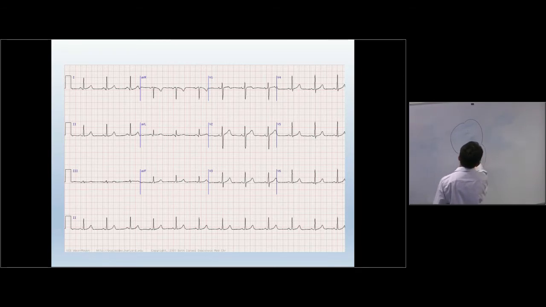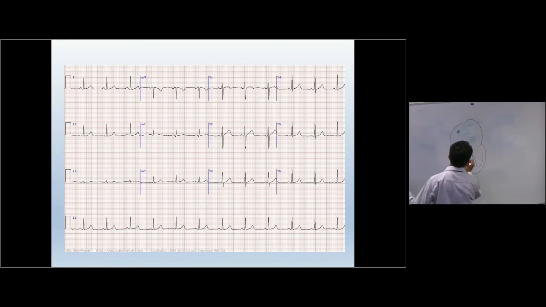All right. So we know our SA node, AV node, then bundle of His, and then the right and the left bundle branch. So that's the basic conducting system. Now, first we attach chest leads, or electrodes V1 to V6.